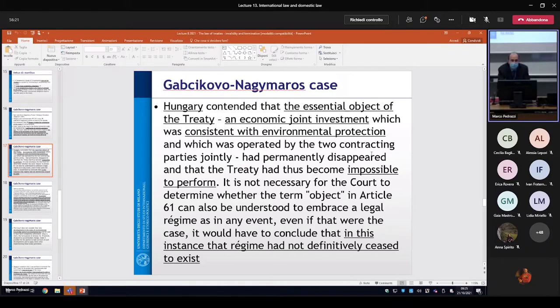This regime is still there because the treaty provides for an economic joint investment consistent with environmental protection. The treaty includes provisions for adjusting the execution, the implementation of the treaty on the basis of environmental considerations. Is that clearer now?